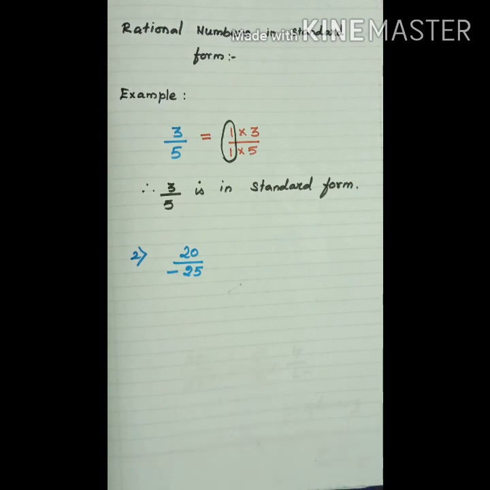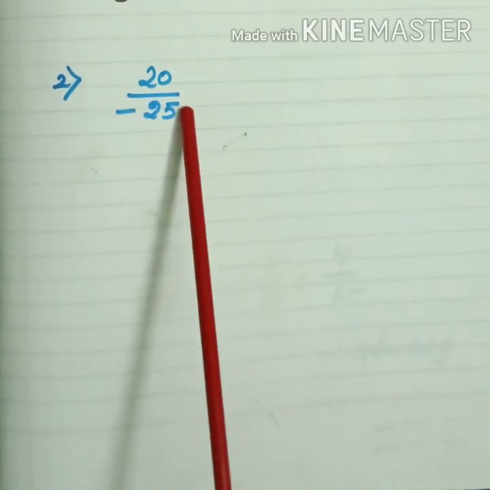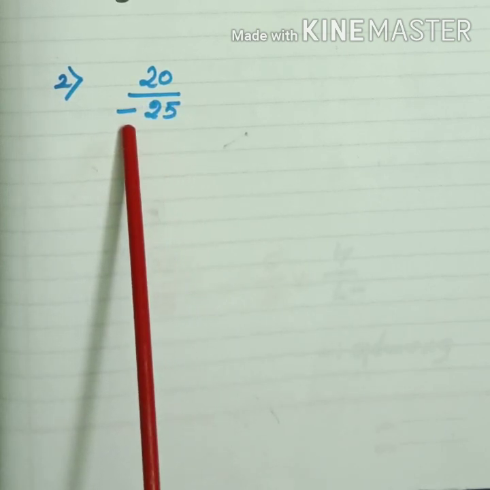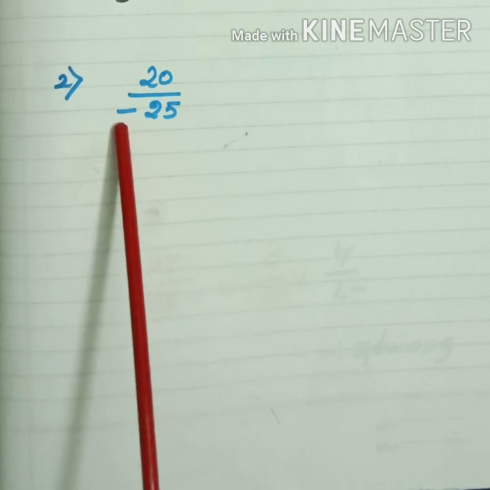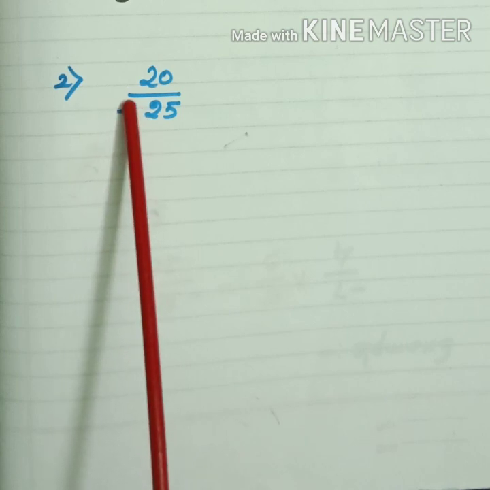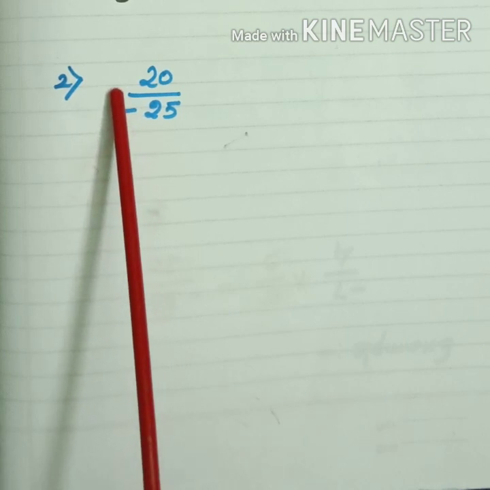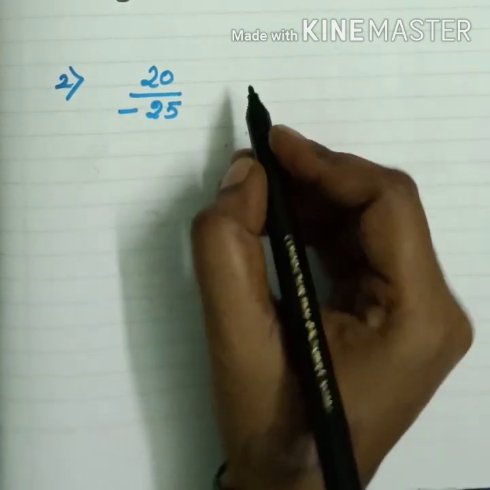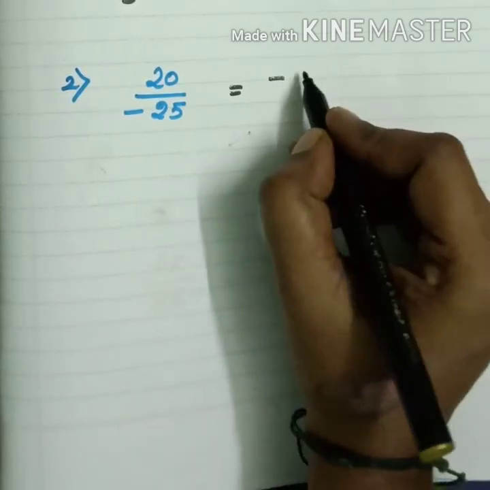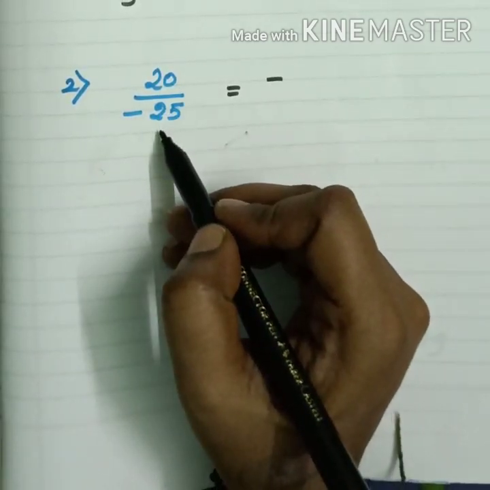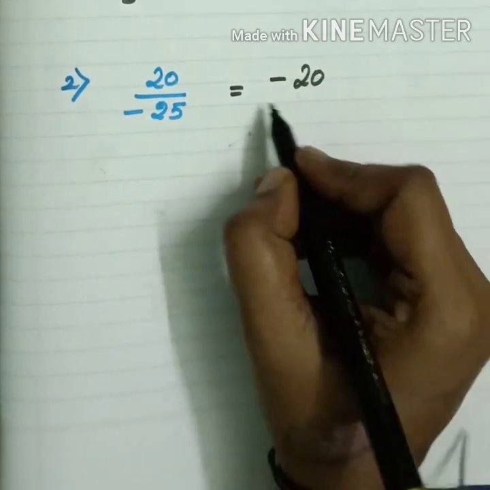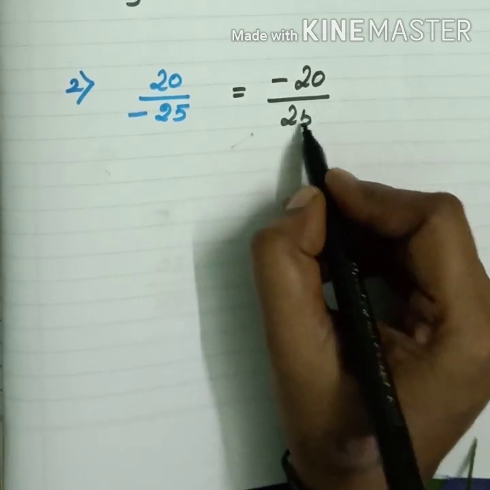Here the denominator is a negative integer, that is minus 25. This negative sign will go to the numerator. 20 by minus 25 can be written as minus 20 by 25.